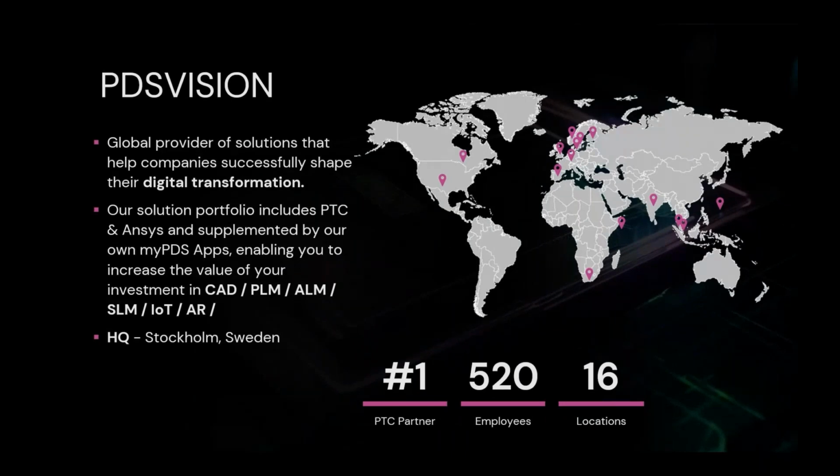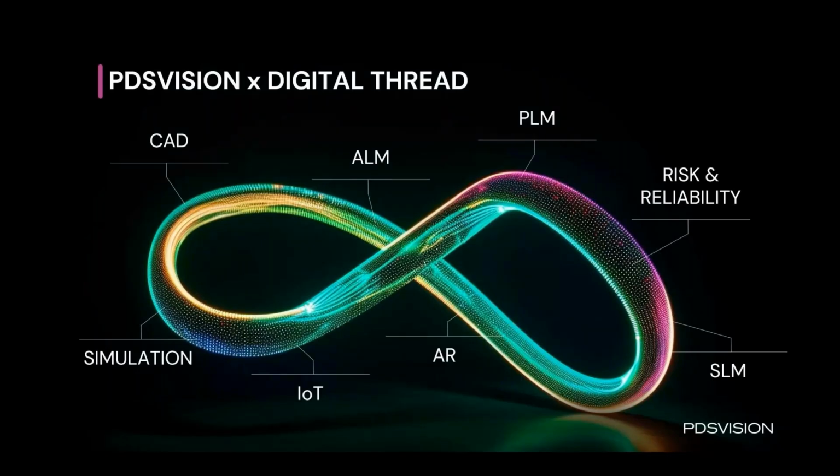So in the first episode, I talked very briefly about the digital thread. I just want to come back to that and refresh you all on what the digital thread means to us and where we currently sit within this digital thread in this presentation today. So the digital thread is really the seamless flow of data across an entire product lifecycle. The idea is that it connects people, it connects processes, and it connects systems right from the initial design of a product, through to manufacturing, servicing, and beyond.